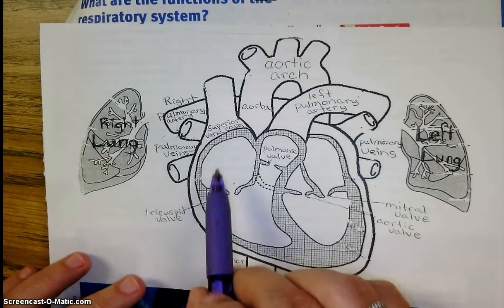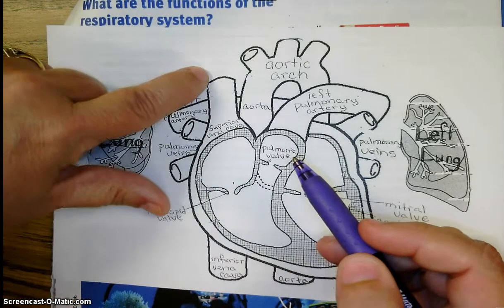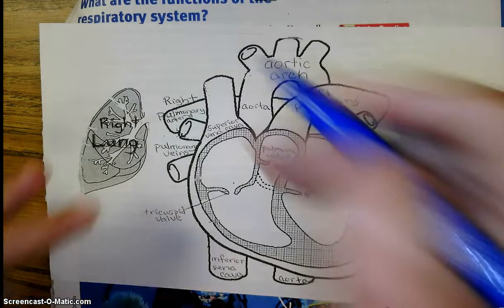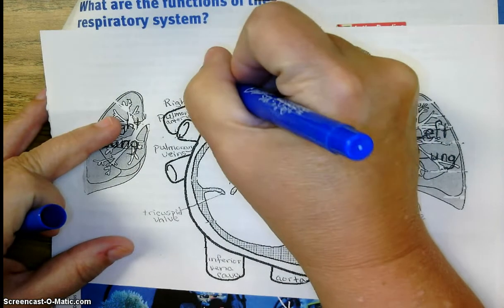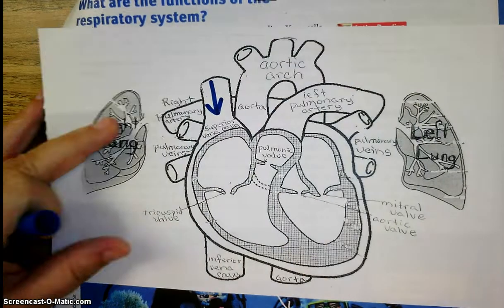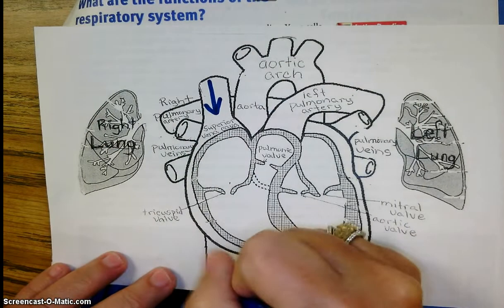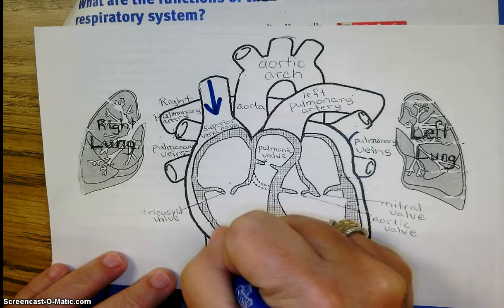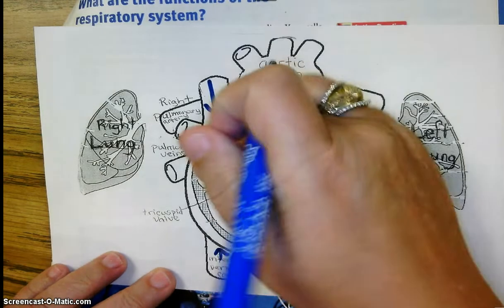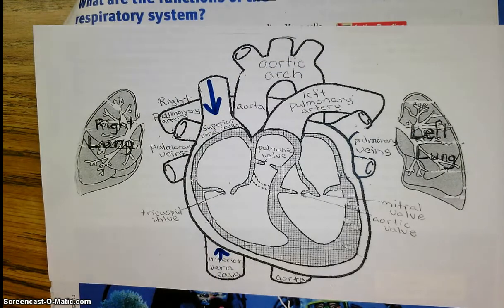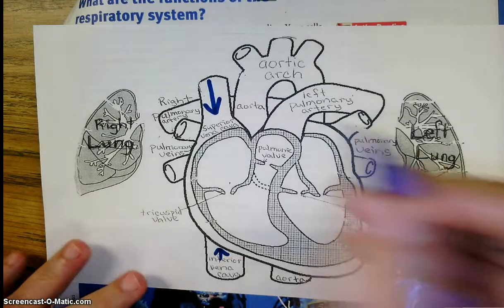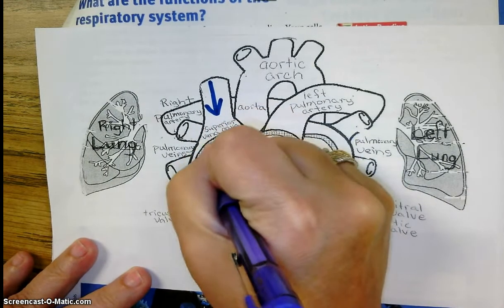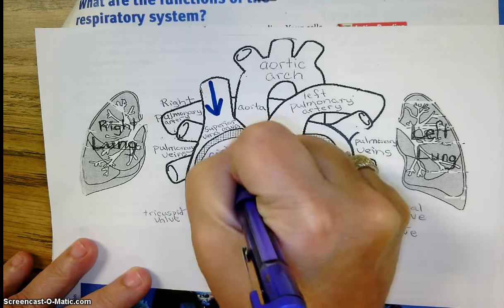So if this is where the blood comes from the body, from the upper body, it comes into the superior vena cava. From the lower body, it comes in through the inferior vena cava. And there's actually an opening on the back of this where that comes in. This is the right atrium.